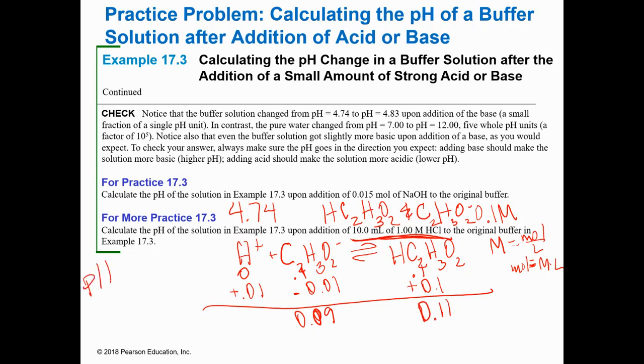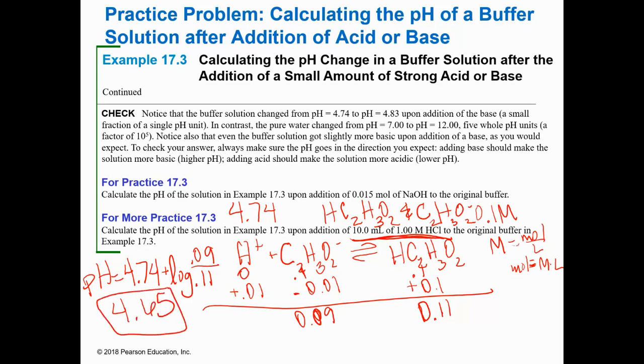So our pH is 4.74 plus log of base, 0.09 over 0.11. And I get pH equal to 4.65, which is the direction we should be going in the event that we're adding an acid.